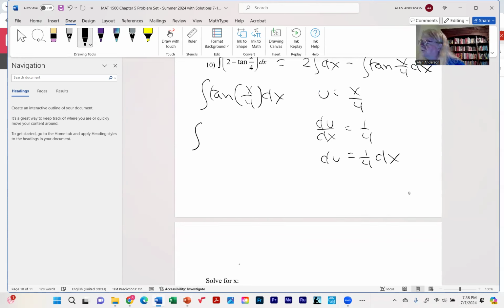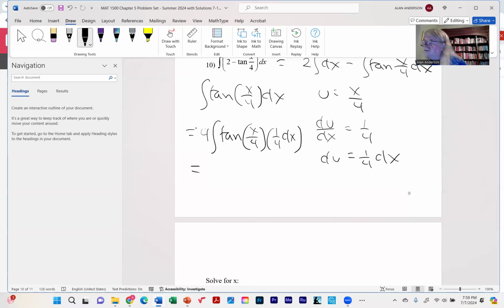So this one now becomes, oh, actually, no, we need one more step. That means we're missing the 1/4. So let's rewrite this. So again, nothing's changed. I multiply by 4 and multiply by 1/4.